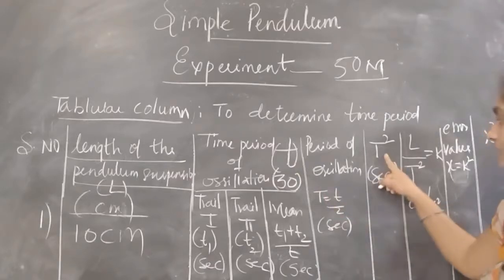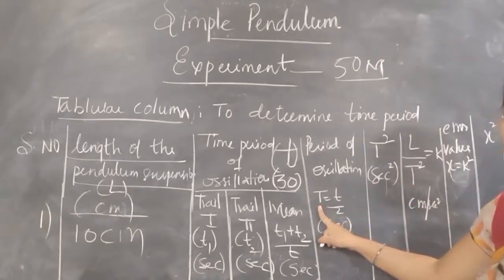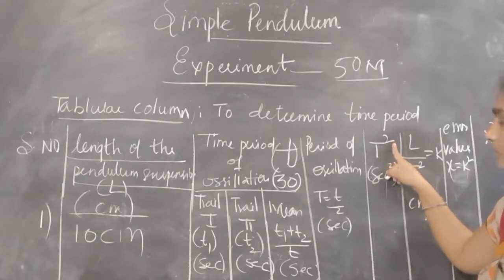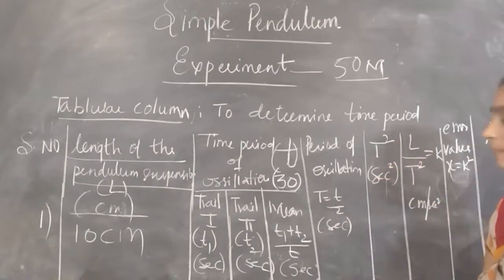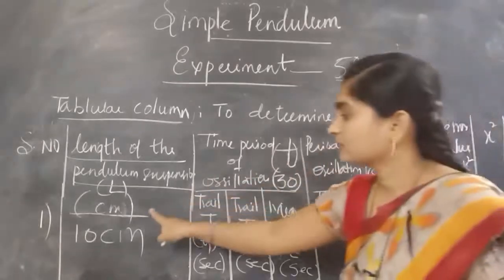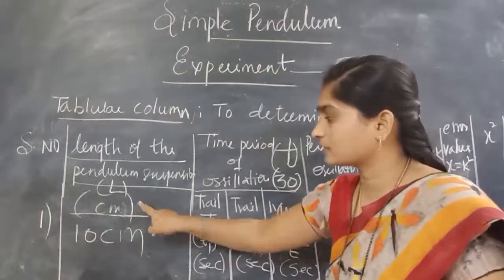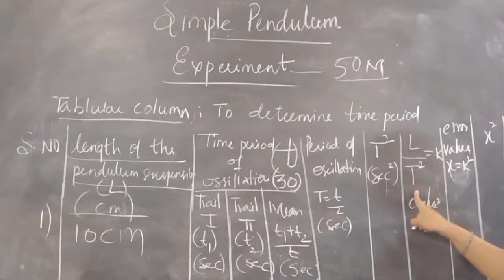Next one is T square. You got the value of T here; you do the squaring and you get the T square value. Next, L by T square. You know the value of L, L is equal to 10 centimeters. You substitute 10 by T square, and T square you are getting from this.